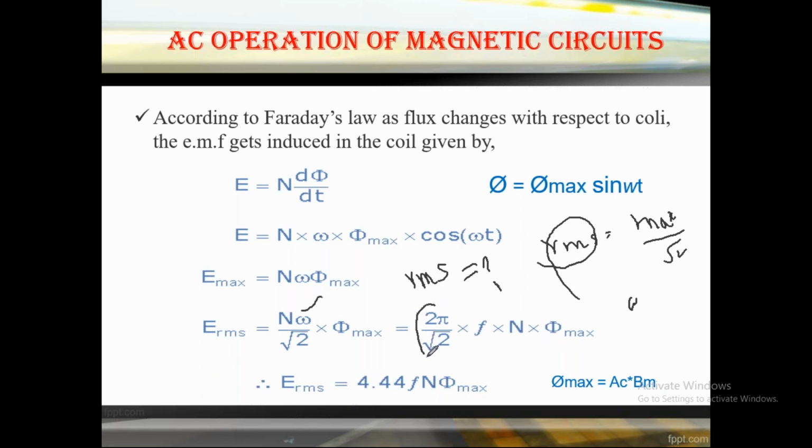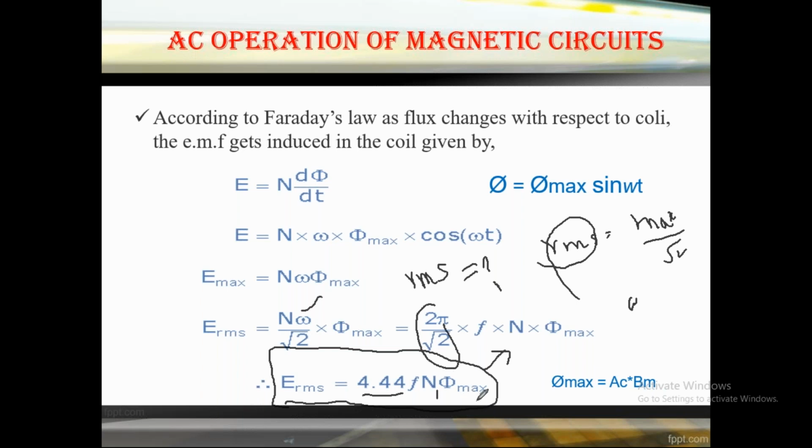The value of 2π by root 2 is 4.44. So this is the equation of induced EMF in the primary coil, denoted by Erms equals 4.44 f N φmax. If it is primary, you put N1; if it is secondary EMF, we put N2. So this is the equation of induced EMF in a coil.